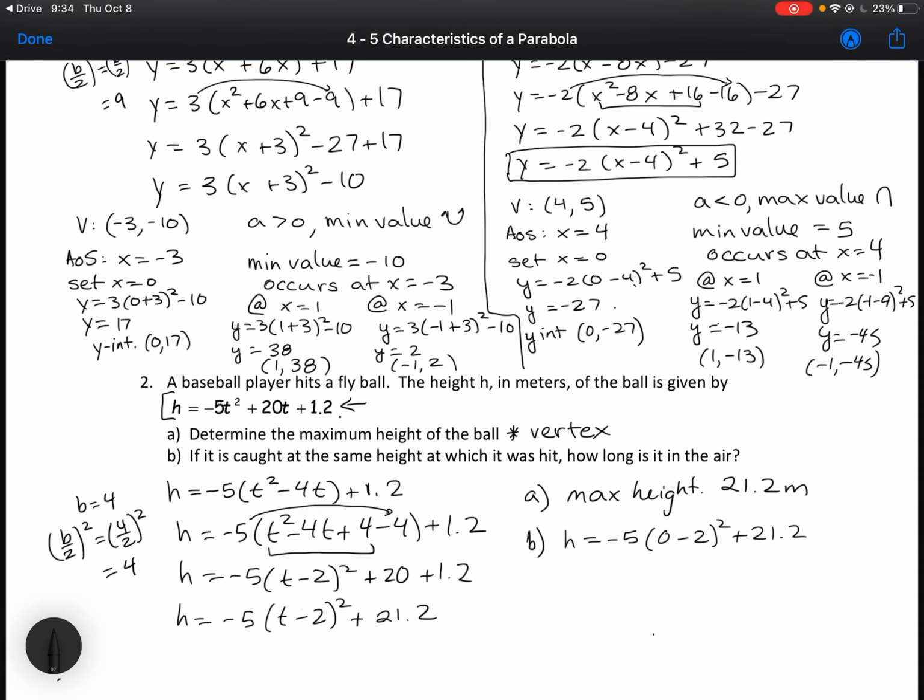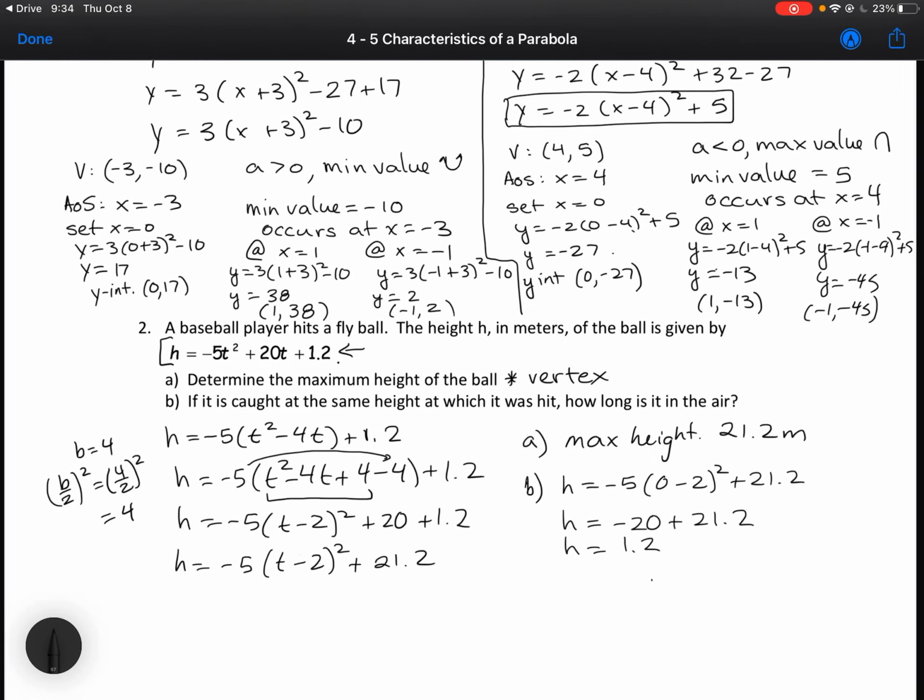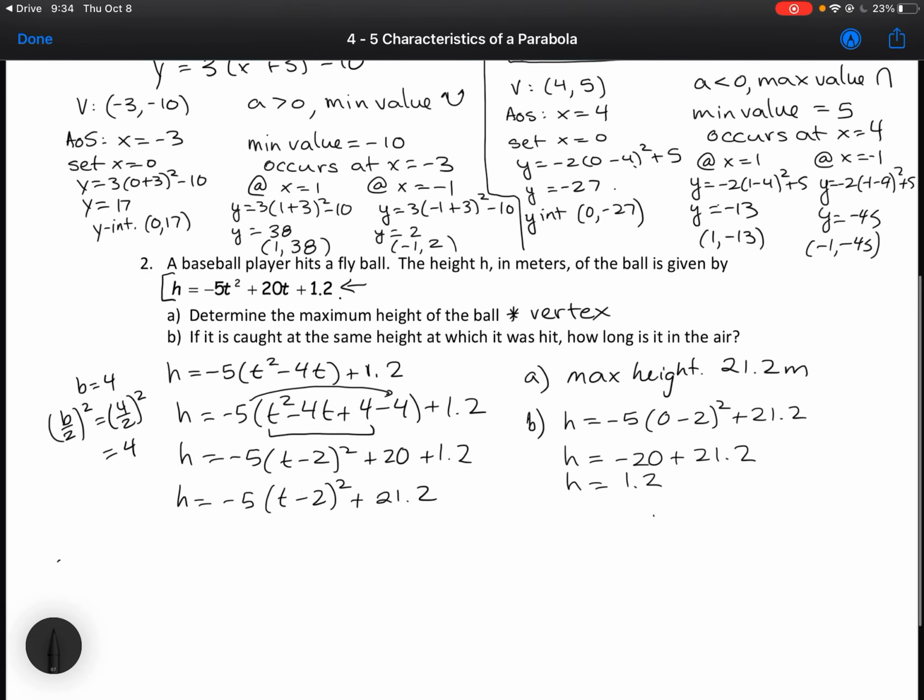Minus 5 times 4 would be minus 20 plus 21.2, which is going to give us 1.2 meters that it was hit. Now, in a parabola, there's always going to be two values that give you the same height or the same y value.